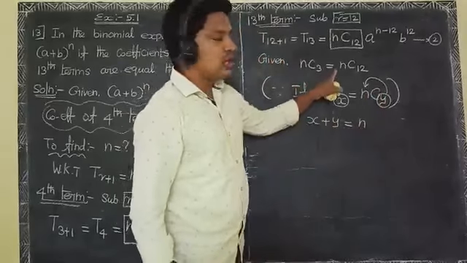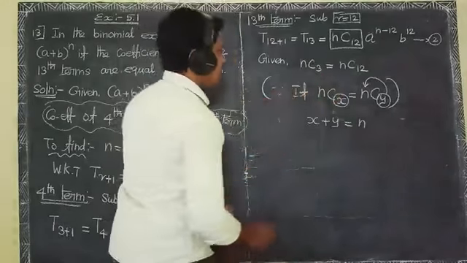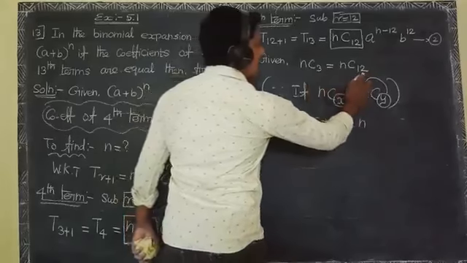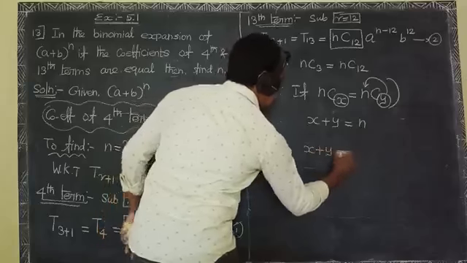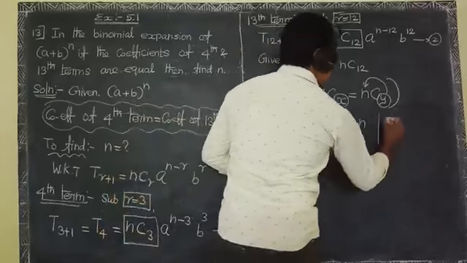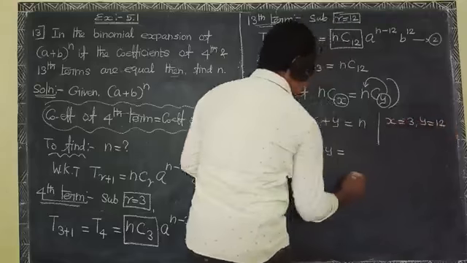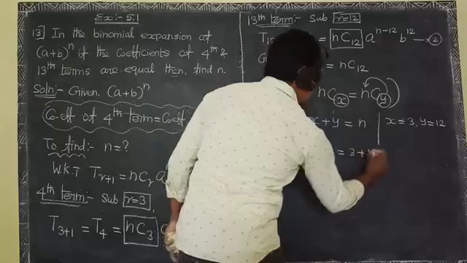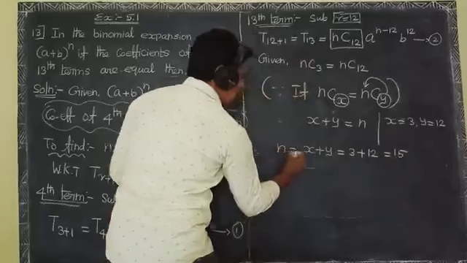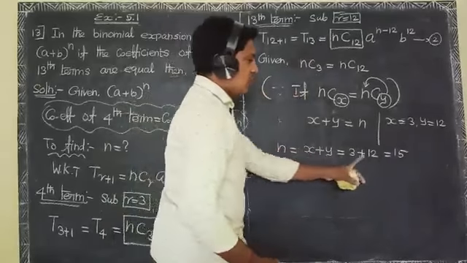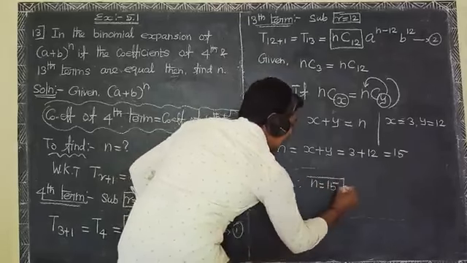Using this property here, we get the value of n. Here x = 3, y = 12, so x + y = 3 + 12 = 15. That is n. So n = x + y. Therefore n = 15.